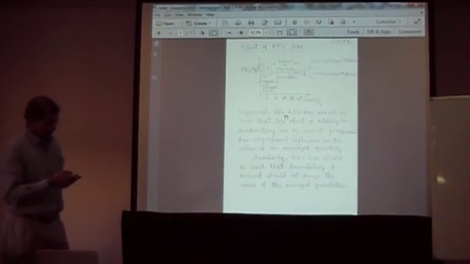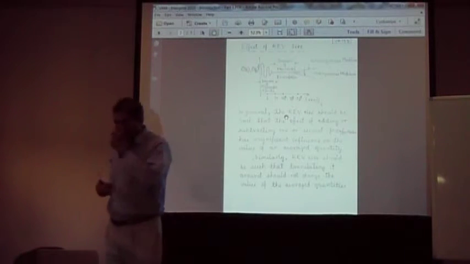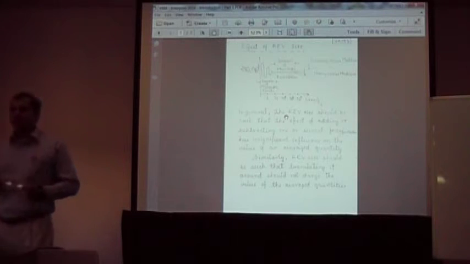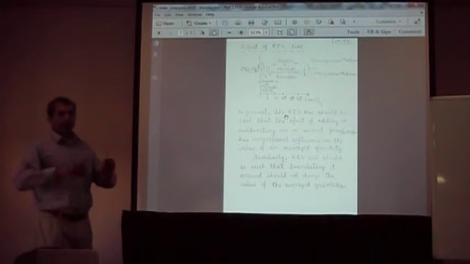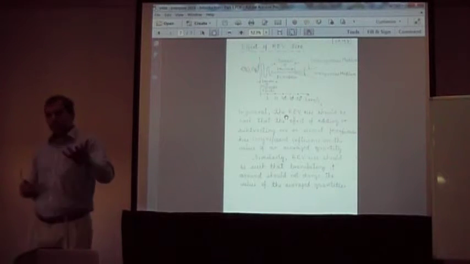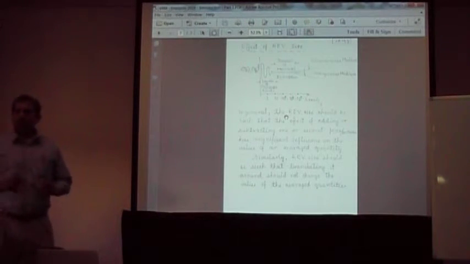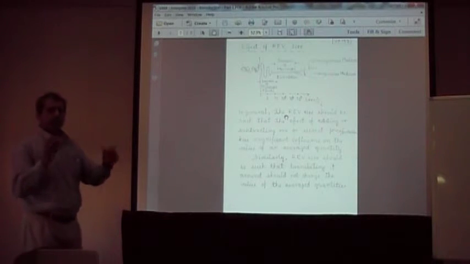So how do you find out if your REV size is correct or not? Especially when you have some kind of a scan, SEM or micro CT scan, and you want to average and upscale, what should be the size of your REV?